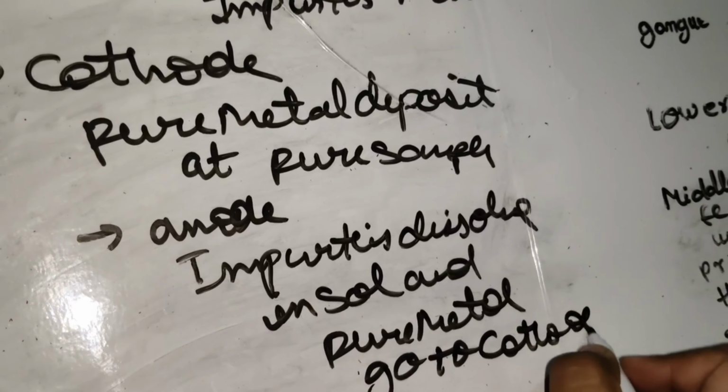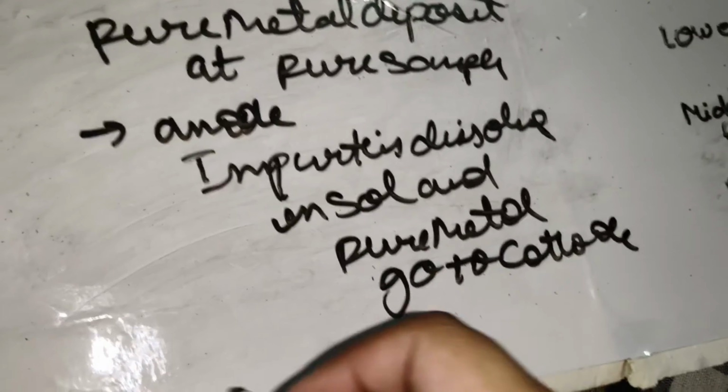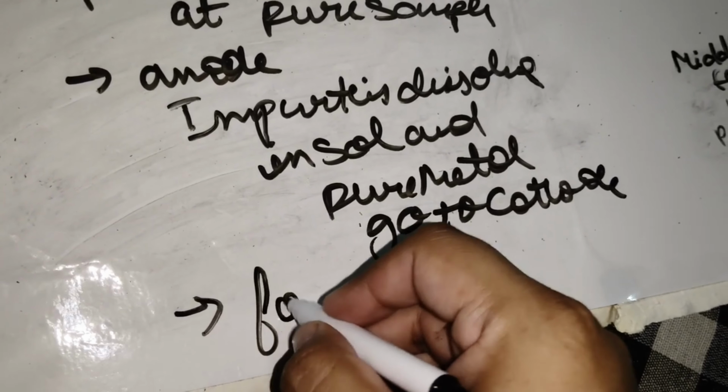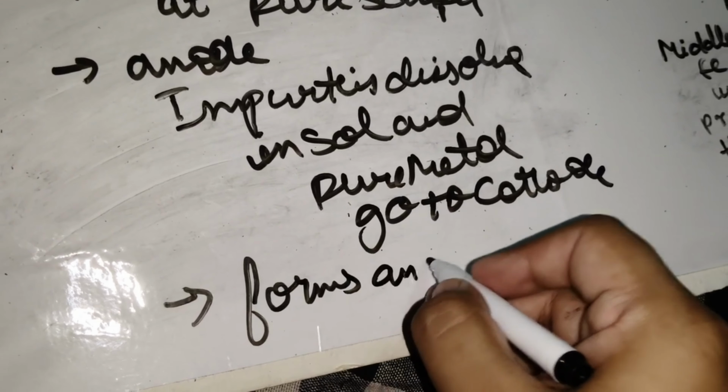As the pure metal goes to the cathode, the impure metals dissolve in the solution and form anode mud.